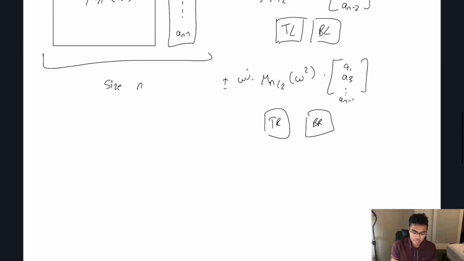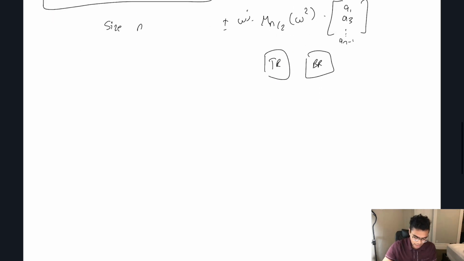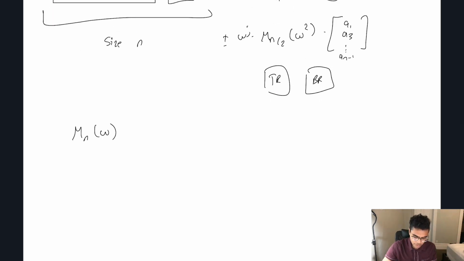And so the thinking here is that my FFT matrix, my mn of w, and the inverse of mn of w, so again, the whole strategy of interpolating going back, both of these will have our FFT divide and conquer strategy applied.